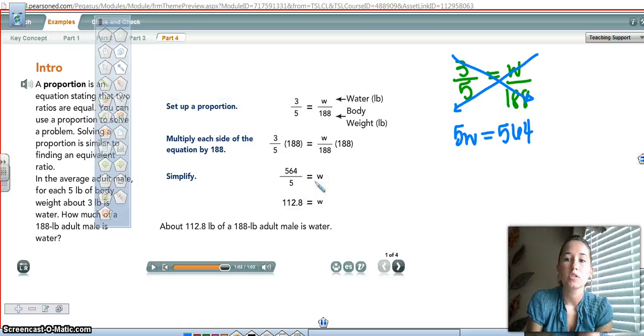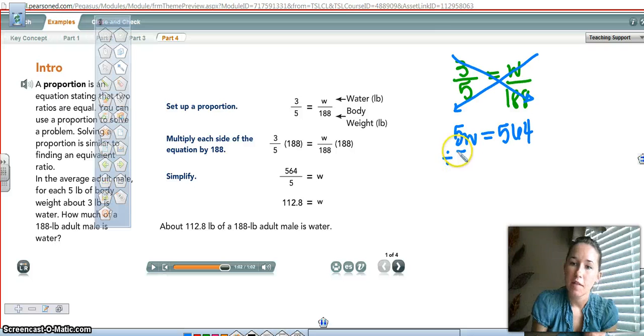Since this is a proportion and these two ratios are equal, their cross products, 5W and 564, should also be equal. Well, since we are having a multiplication problem here, 5W equals 564, we would want to divide by 5.